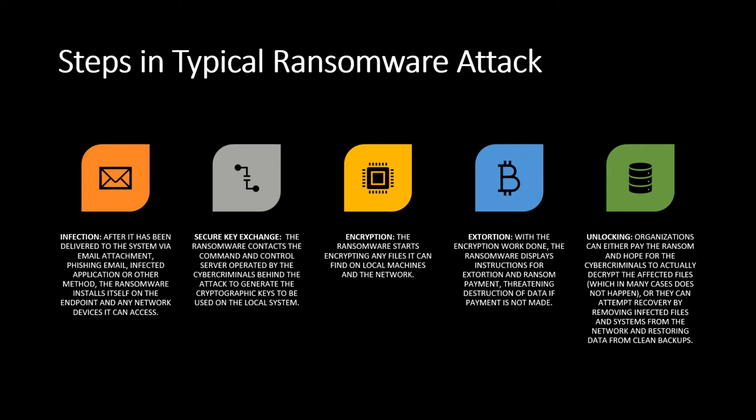A threat is sent for the destruction of data if the payment is not sent within the time limit. The last step is unlocking, where organizations pay off the ransom and hope that the files are decrypted, or they remove infected files and systems from the network and restore the data from clean backups.